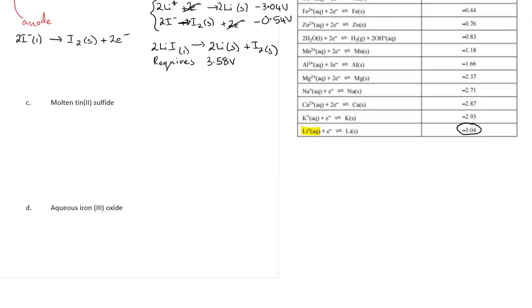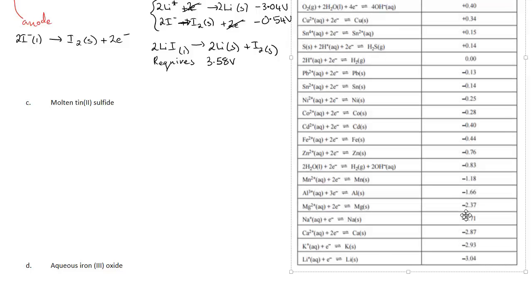Okay, so let's have a look at these last 2 questions, and that way it will give you better understanding of predicting these. So, molten tin sulfide. I think now we can avoid drawing the diagram because we've already done it a few times. So we're getting more efficient at hopefully working these out.